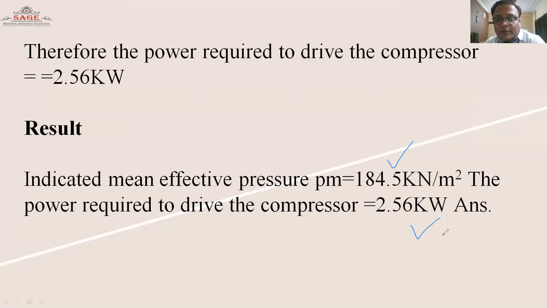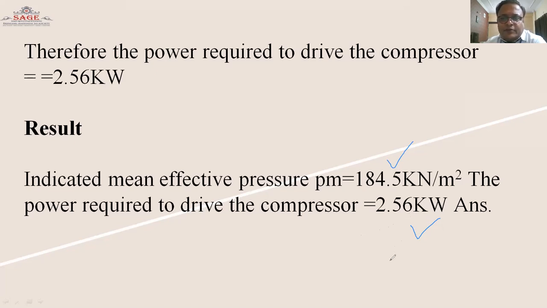The power required to drive the compressor is also calculated by a formula: n upon n minus 1 times P1 V1 in the bracket of P2 by P1 to the power of n minus 1 by n minus 1, since it is single stage and single acting. You can easily calculate the power because the volume given is 30 meter cube per minute, which is converted by dividing 30 by 60, so V1 is 0.5.